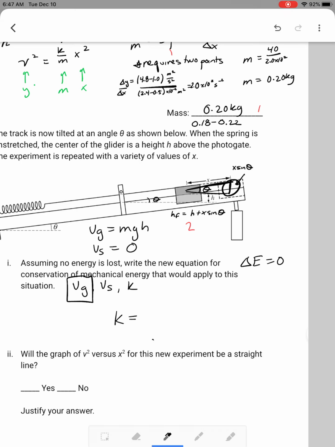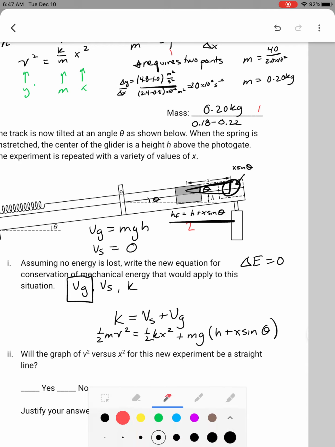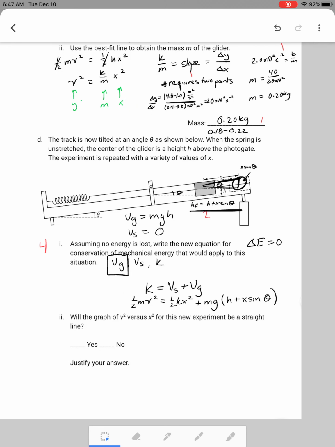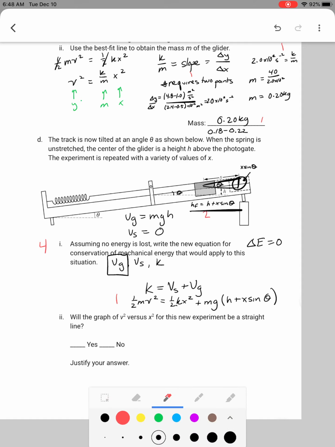My kinetic energy is going to be equal to my potential energy in my spring plus my potential energy due to gravity, which means that 1/2 mv squared is going to be equal to 1/2 kx squared plus mgh. Now h is equal to that right there, h plus x sine of theta, because I need to account for how much it's been displaced by. This was a tough problem. All right, there were 4 points available here. You got 2 for recognizing the difference in the height, and then 1 for getting this whole entire equation correct.